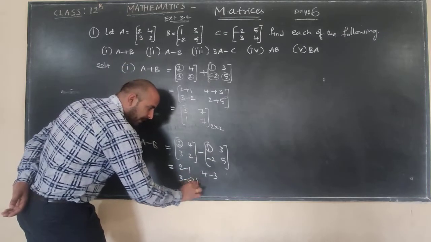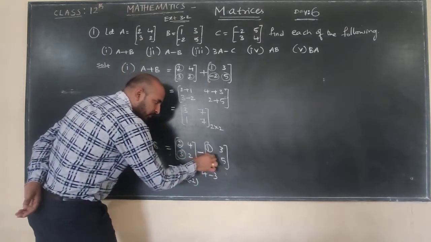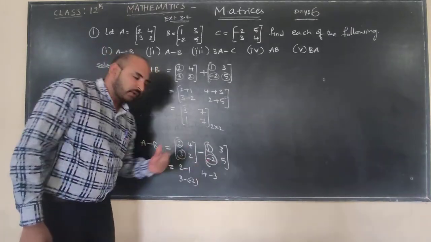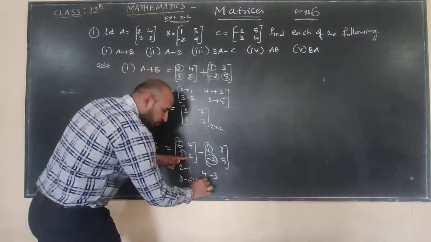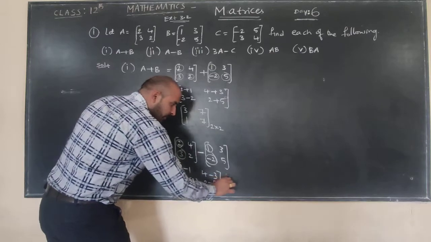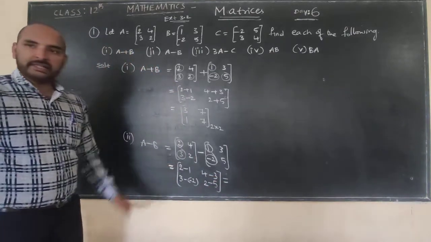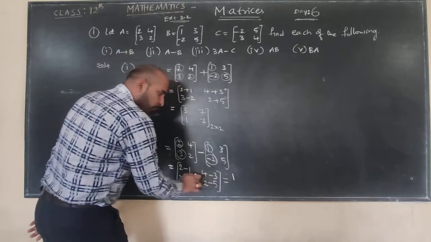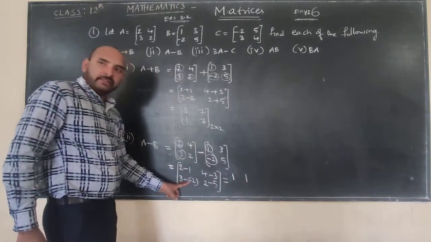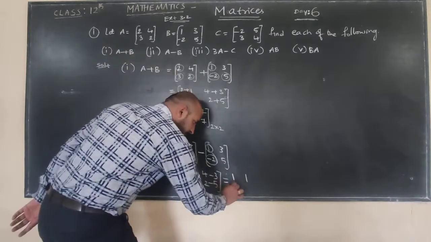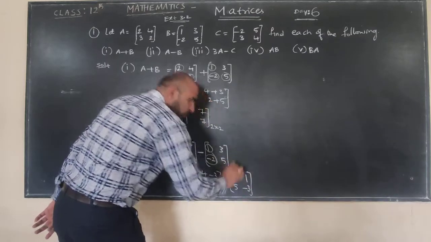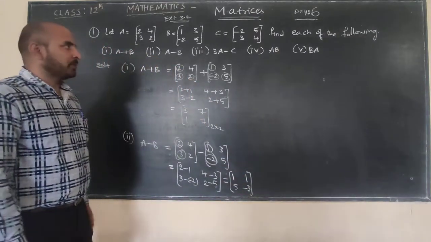Coming to the last element, 2 minus 5. Which is equal to 2 minus 1, 1; 4 minus 3, 1; 3 minus of minus, minus into minus plus, 3 plus 2, 5; 2 minus 5, minus 3. Which is also a 2 by 2 matrix, 2 rows and 2 columns.